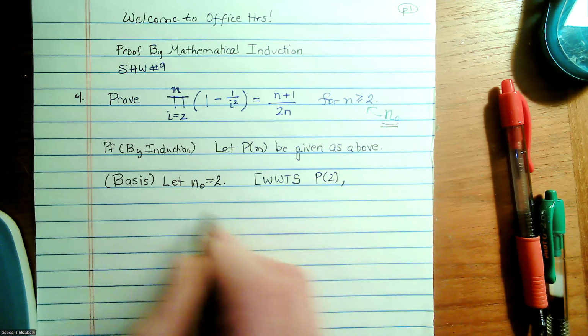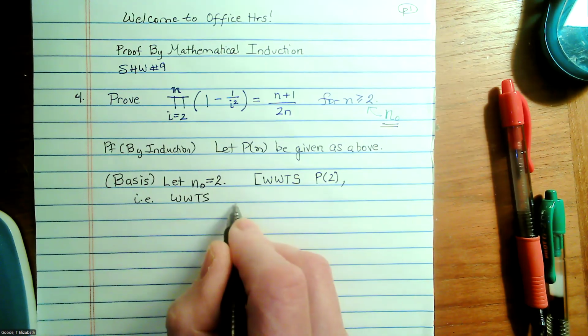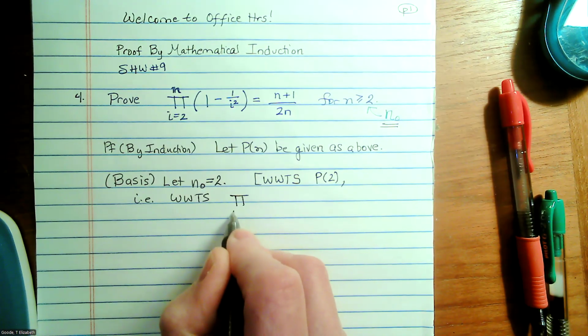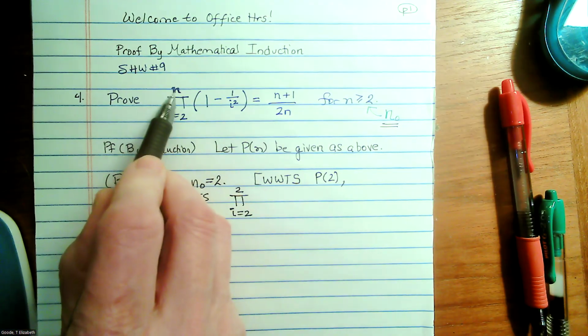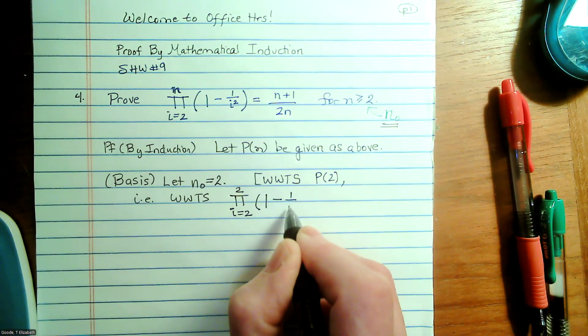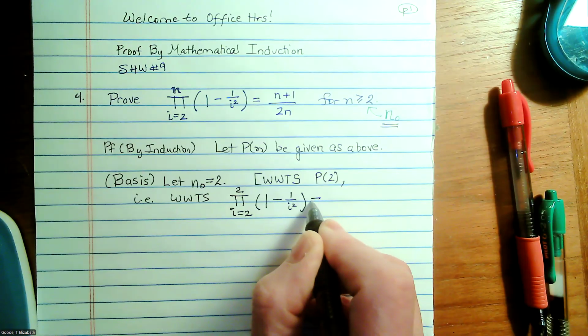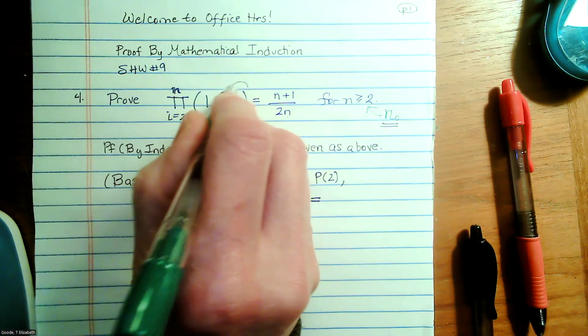Let's write down exactly what we wish to show, i.e., we wish to show that the product from i equals 2 to 2, since n is 2, of this expression, 1 minus 1 over i squared, is equal to, now you tell me what the right-hand side of P of 2 is going to look like.